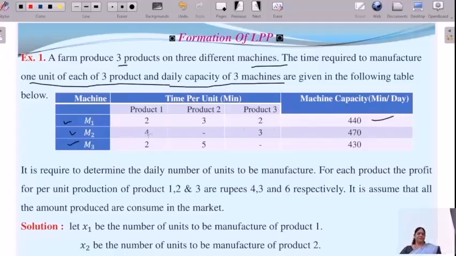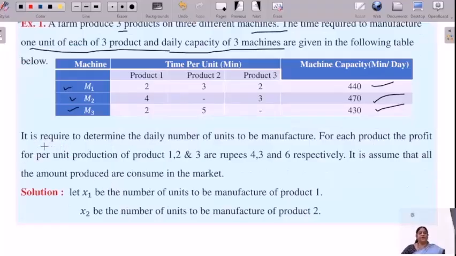Similarly, machine M2 requires 4 minutes for product 1. It does not prepare product 2, and product 3 takes 3 minutes, and the daily capacity of machine M2 is 470 minutes per day. Similarly, machine M3 requires 2 minutes for product 1, product 2 requires 5 minutes, and it does not prepare product 3, and its daily capacity is 430 minutes.